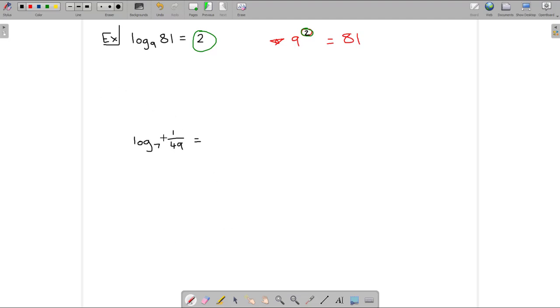Okay, let's take a look at the second one. It might be a little more tricky to figure out exactly what we want to do here, but again, we start with the same process. 7 to the what power is going to give me 1 over 49. Here, you're thinking, it's kind of strange that we have a whole number, 7, and then we end up with a fraction, right? But remember that negative exponents give us that 1 over something.